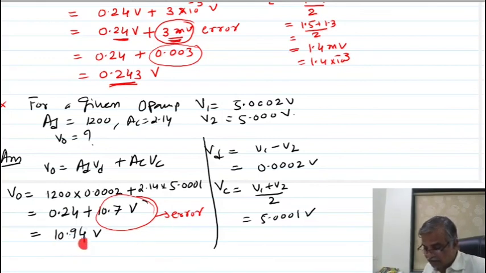So the error you are getting is too large. Actually it should show 0.24. So this much is error due to common mode signal. We want to reduce this error, and in the next problem we will see that if you keep CMRR very large, then such error will be reduced. The two numericals show you that error is developed due to common mode signal. For this set of input signal the error is very less. For this set of input signal the error is very large. Here is the end of your lecture.